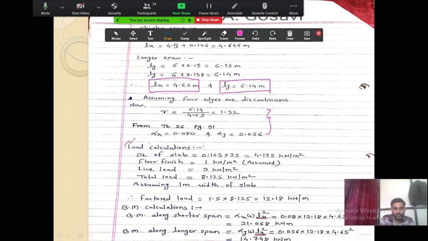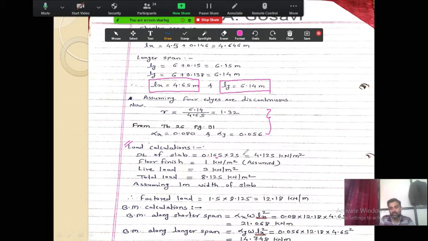So here the load calculations are there. In the similar manner to what we have done for the one-way slab, you need to calculate the load. Dead load of slab is 0.165, your overall depth is 165, 0.165 into 25, the density of concrete, it works out to be 4.125 kilonewton per meter square.